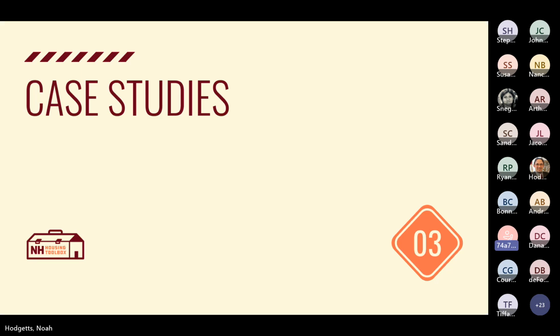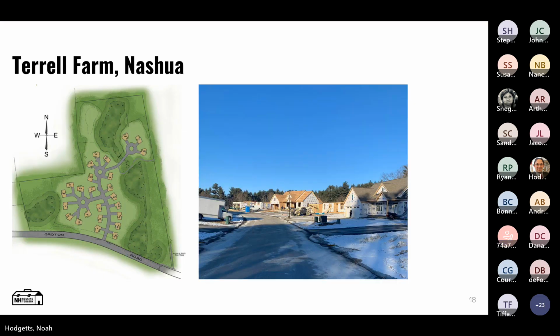So this is an example from Nashua. It had been a long-standing family farm, in the family for generations, and there was the consideration of, well, we really feel a connection to this land and don't want to see it just completely wiped away.